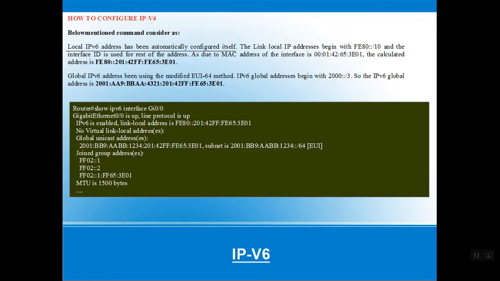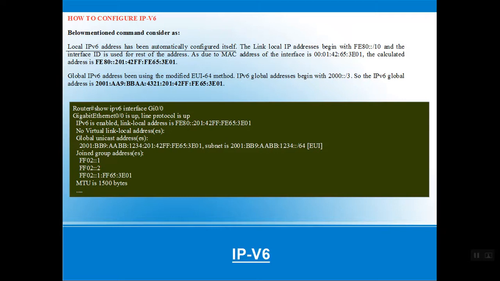It is derived from the MAC address of the interface, like the one mentioned here, 0001 4265 and so on. So the global IPv6 address is being modified by the EUI-64 method.